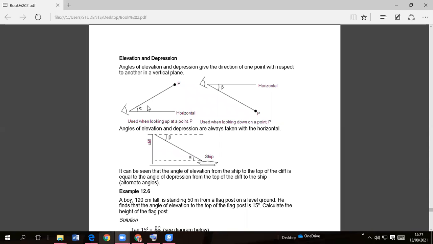The angle is normally measured to the horizontal. And then if you are looking at depression, you are trying to look at something which is down. Maybe you are at the top of the building and you are trying to look at something which is down.